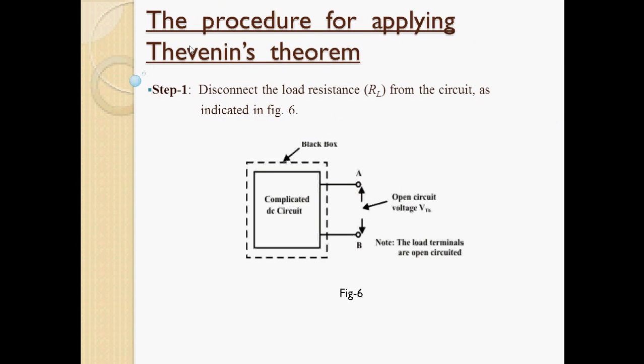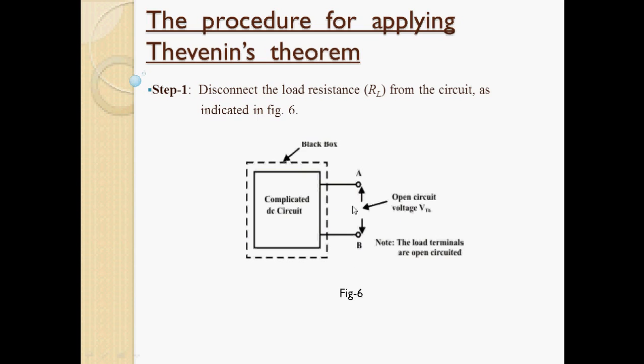So what are the steps to calculate VTH, RTH, etc.? Step 1: disconnect the load resistance RL from the circuit as indicated in the figure. This is our circuit within the box, and this is our load side.